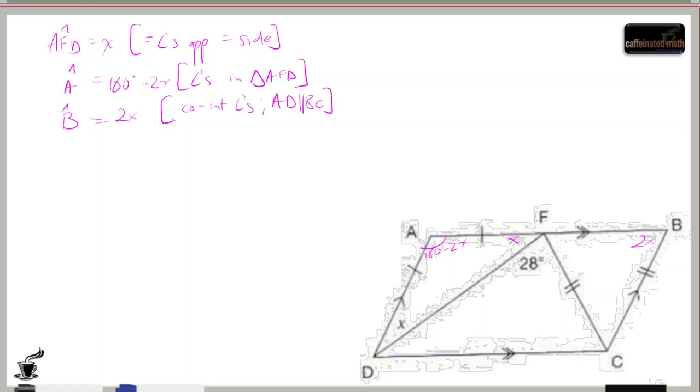Now, that means I can also say then that if BC, this angle over here, is also equal to 2x, same reason I used here, equal angles opposite equal sides.